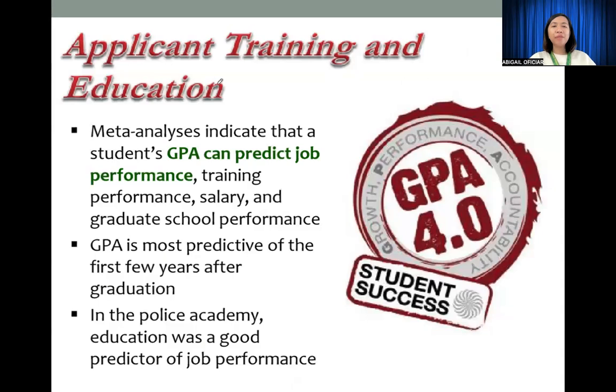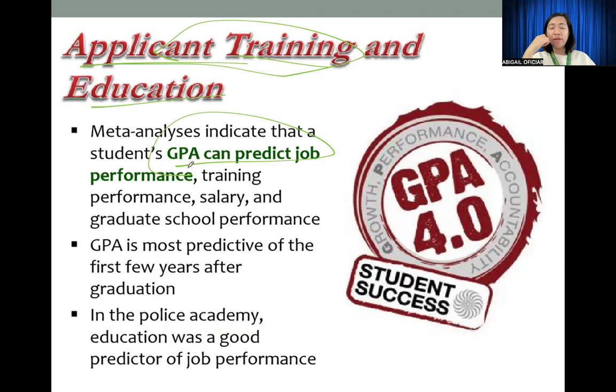So next, aside from looking into the references, we can also refer to the applicant's training. We check the training and the education of the applicant, and take note of this. It is important to look into the GPA or the GWA, general weighted average of the applicant. Why?